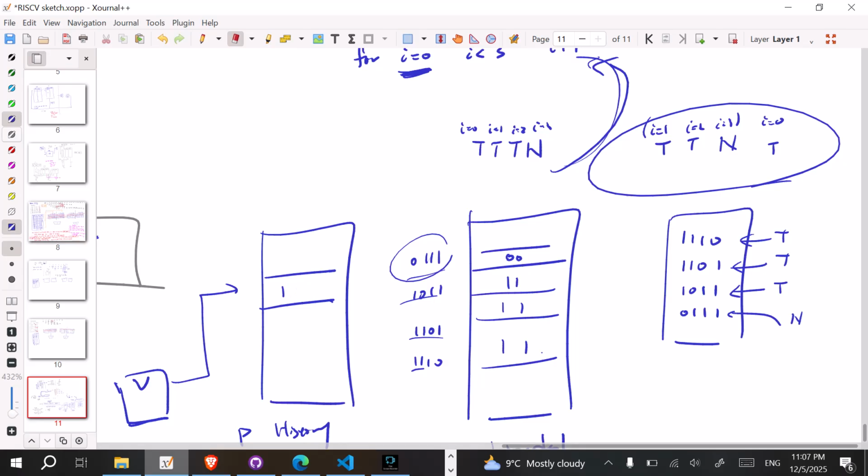Maybe next time it will be 1 0 1 1, point to 1 1 0, taken, wonderful. And the next time it's going to be 0 1 1 1, and the next one will be 1 1 1 0. Okay, I'm pointing to this one and say, okay, not taken.